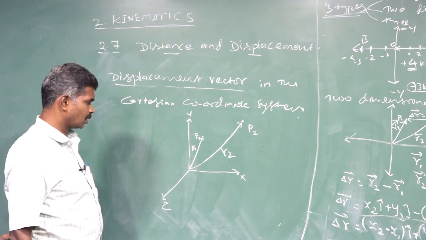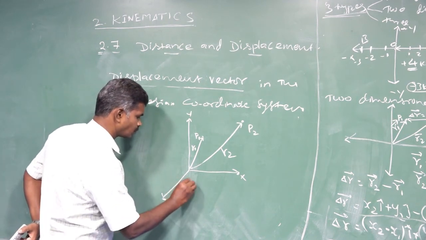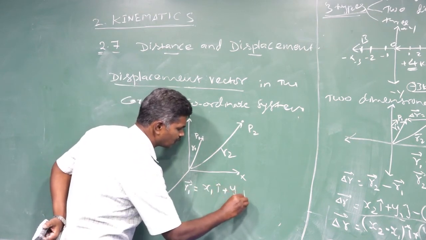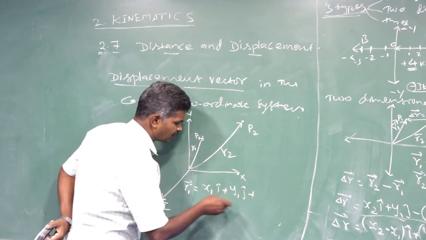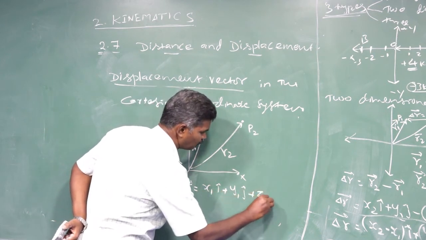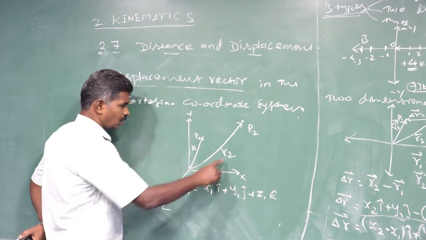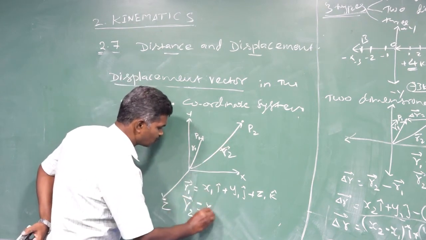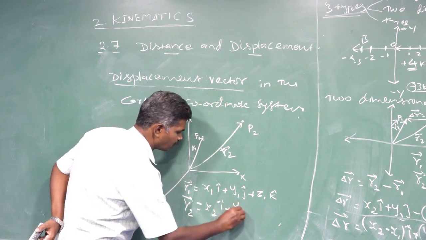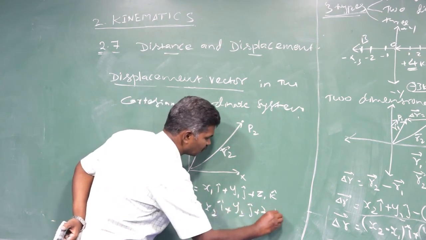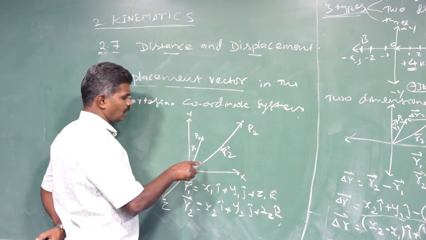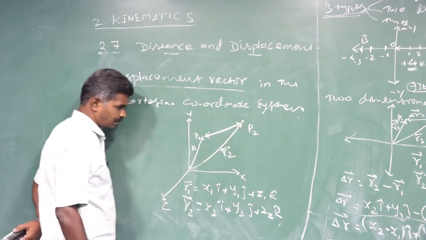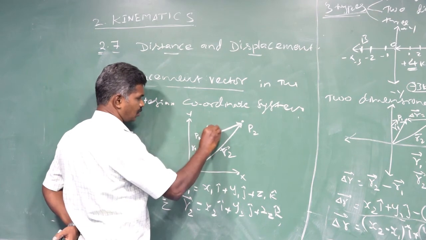Now for the three-dimensional manner, R1 vector equals x1 into i cap plus y1 into j cap, unit vectors representing direction, i cap, j cap, and z1 into k cap. And for R2 vector, x2 into i cap, y2 into j cap plus z2 into k cap. Displacement is nothing but the shortest distance between the initial and final position. That can be represented as del r vector.